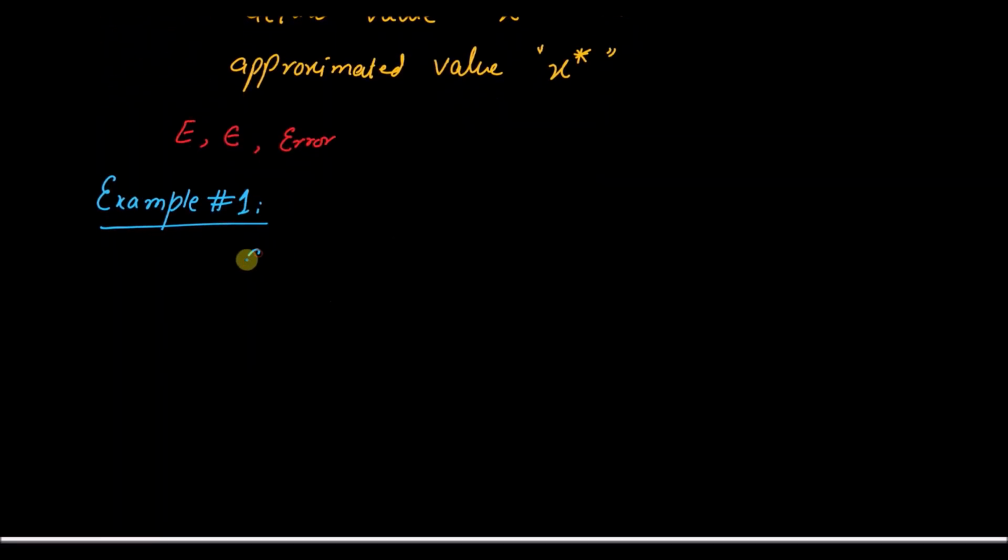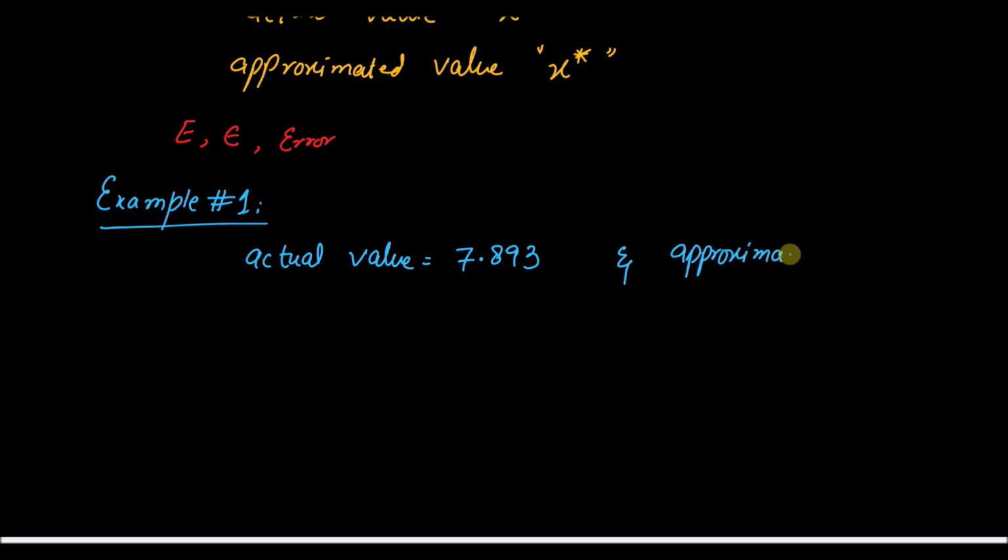Let's suppose that our actual value is 7.893 and the approximated value is 7.672. Now we want to calculate the error, so we can define error as equal to actual value minus approximated value.